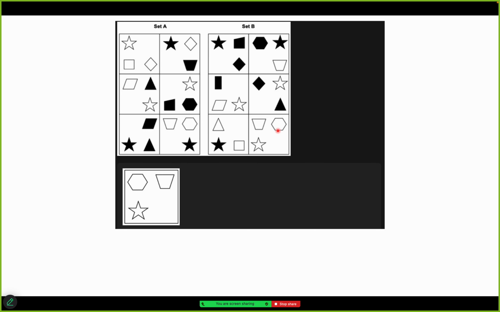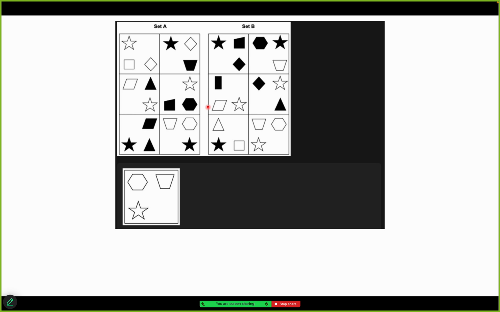Again, diamond is there, but diamond is not everywhere. But star and quadrilateral seems to be a common pattern everywhere, but color doesn't seem to be really correlating. For example, both white, both black, but sometimes suddenly it becomes both white. It's not correlating because white and black are here, and here it's white and white.